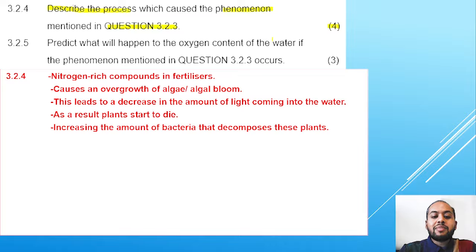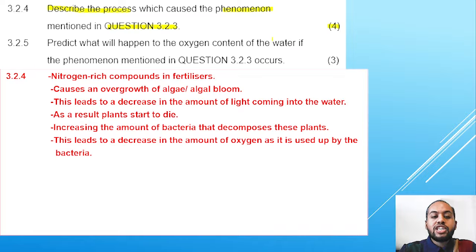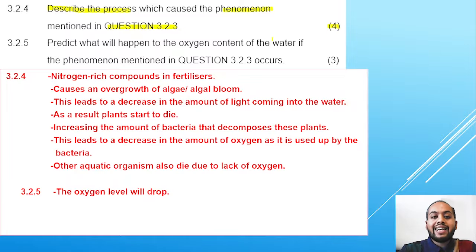It will increase the amount of bacteria that decomposes these plants, which leads to a decrease in the amount of oxygen, as it is used up by the bacteria. Other aquatic organisms such as fish are going to all die out due to a lack of oxygen, and the entire area is going to become a dead zone.